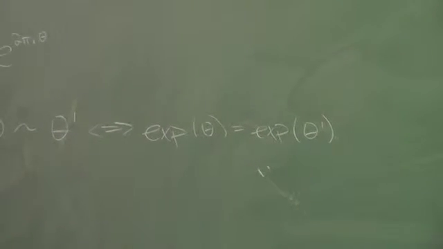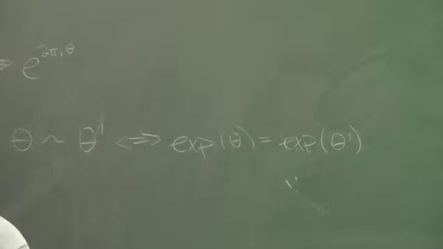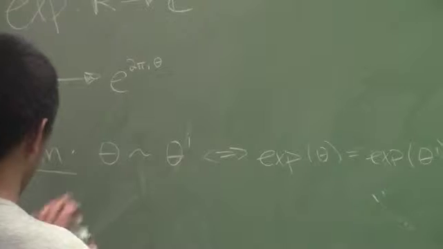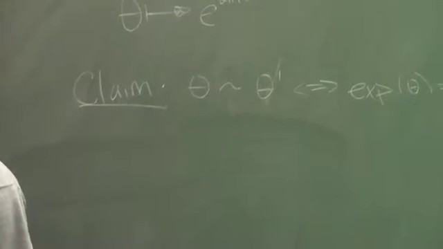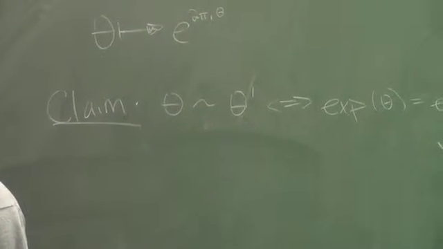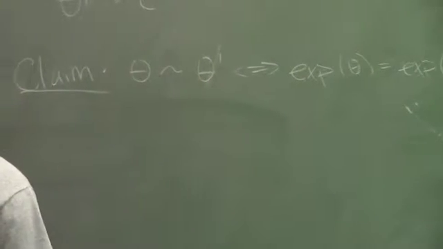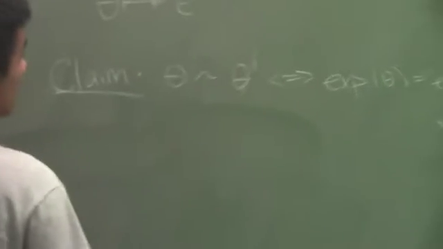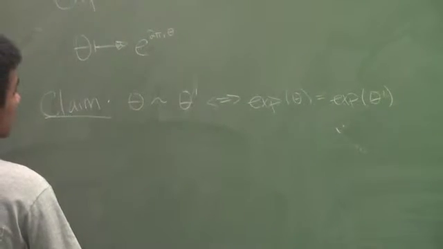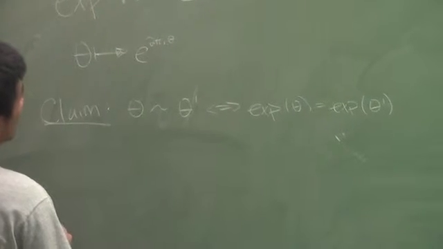You remember when we did equivalence relations, we said having an equivalence relation is the same as partitioning the set. So elements that have the same image belong to the same equivalence class, because they're from the same piece on the other side. Partition. So if you spell it out, what does it mean that the exponential function of theta is equal to the exponential function of theta prime? Theta equals theta prime?